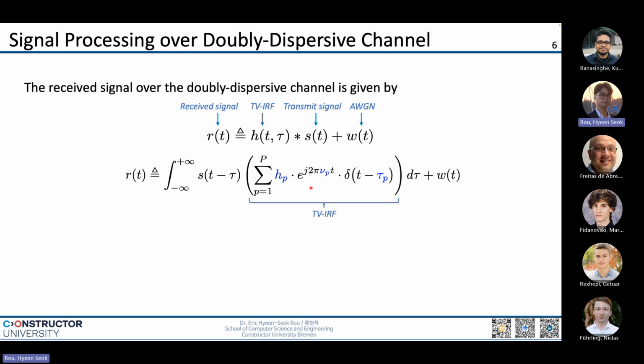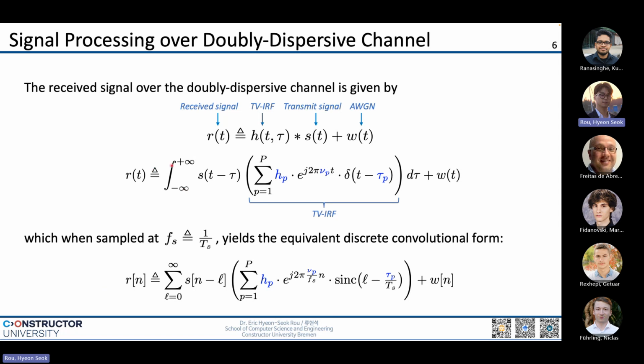And we can see that this integral, when we take a discrete version of this continuous form, so when we sample the entire signal at the sampling frequency f of s, or in terms of the sampling interval T of s, we can get the equivalent discrete convolutional form as r of n, for the n different samples, and we have this discrete summation over this discrete convolution, where now the deltas have become this sinc function, and we know that this delay and the Doppler have been normalized with respect to the sampling frequency.